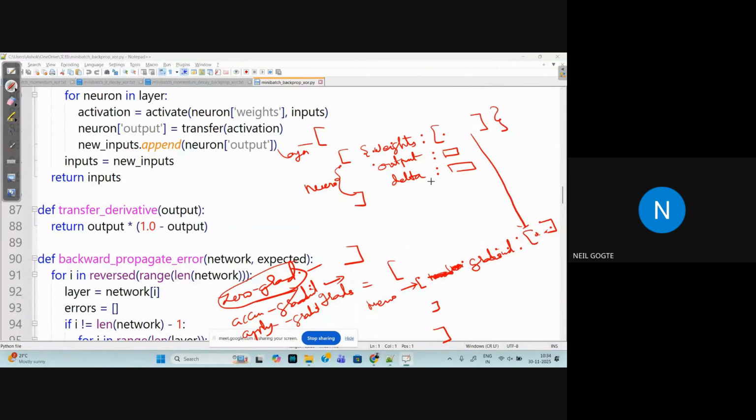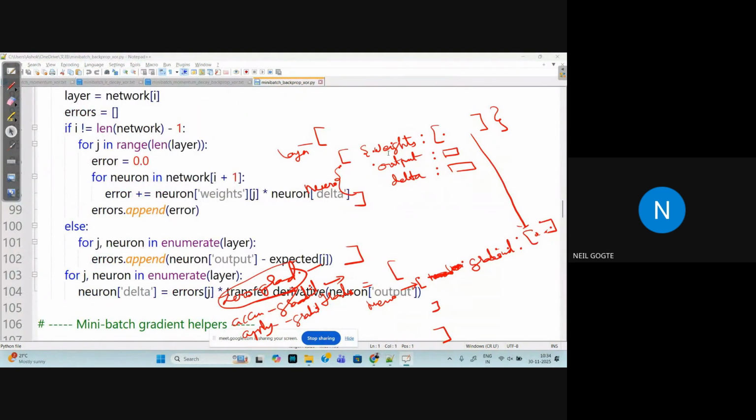As I was mentioning, this delta is the key which gets propagated backward. Before I start, I will mention a little bit about this delta back propagation, because I have found that students find it a little difficult to get this delta at the first go, and delta depends on error and all of that.